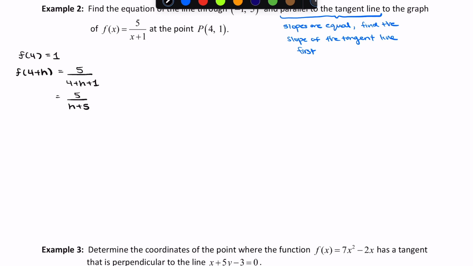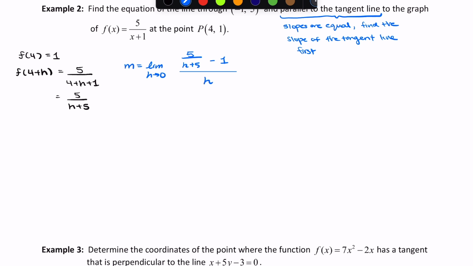Okay, so let's find the slope of the tangent line using our equation. m is equal to the limit as h approaches 0 of 5 over h plus 5, that's from our f of 4 plus h, minus f of a, or here f of 4, which is 1, all over h.